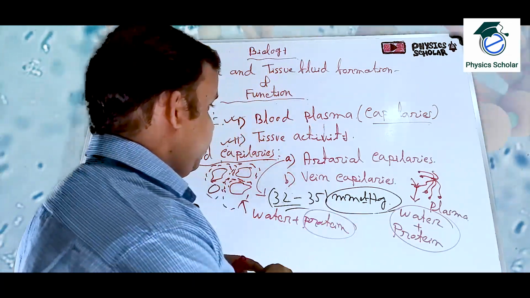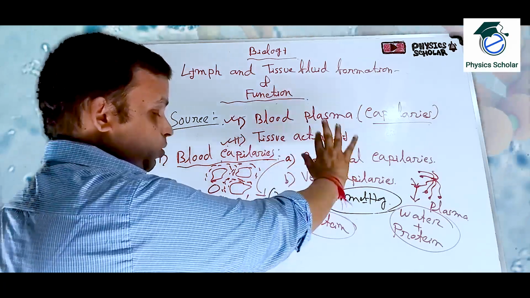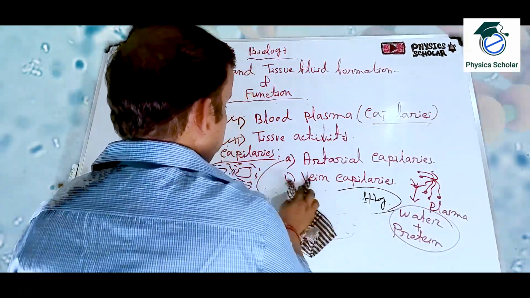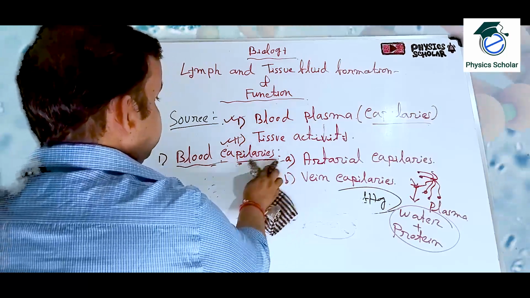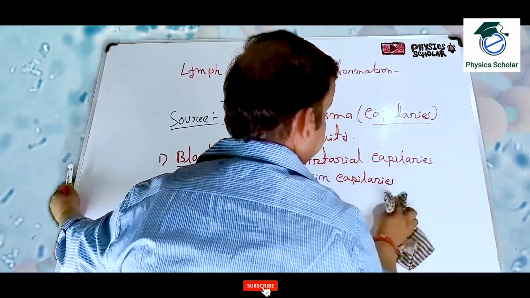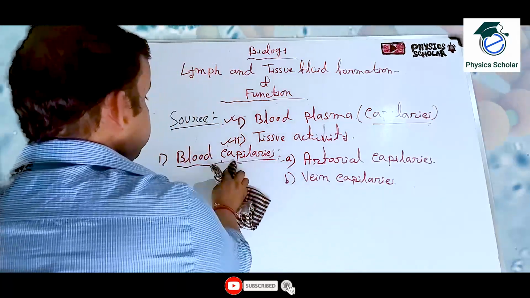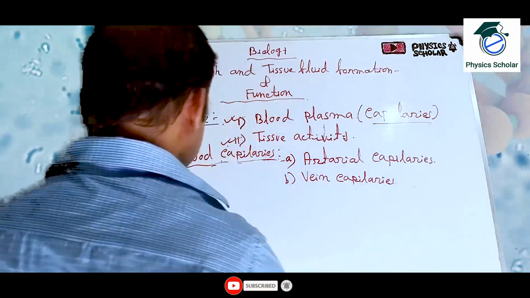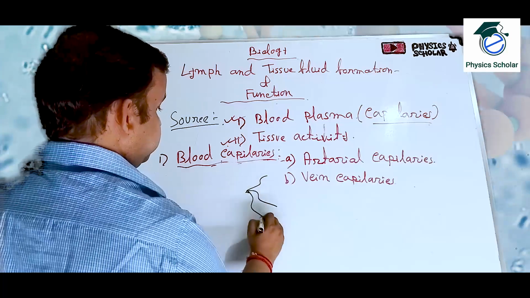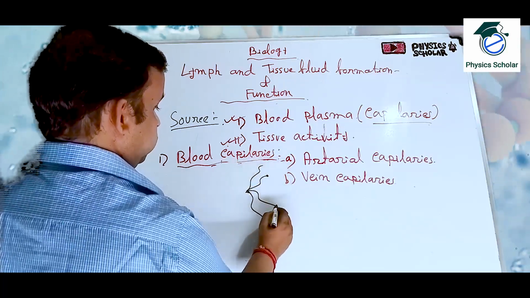And what about the vein? Clear? So hope up to this you have understood. Now what about the vein? It is the arterial capillaries, how the tissue fluid is coming out, that we have discussed. Now what about the vein? In case of the vein, it is also branch capillaries. Okay, so what will happen?